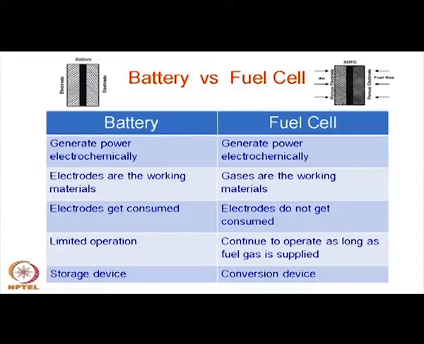In the case of a fuel cell, one can continuously generate power as long as one can supply the fuel and the oxidant on the two sides of the fuel cell. One becomes the cathode, another becomes the anode. You supply air from one side and the gas from the other side, and this is the system in which the power is generated.